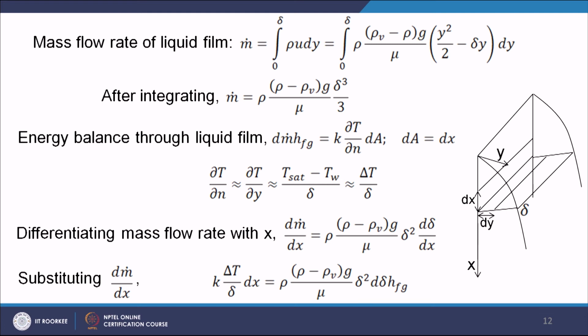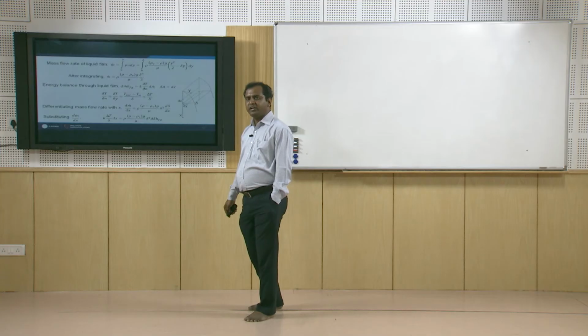So, what we can do once again, m we have got over here. So, if I make the derivative of m and put it over here in this equation, then I will be getting this equation. You see in this equation, in the left hand side we are having derivative of x, and in the right hand side we are having derivative of delta. So, we can easily integrate this one. Okay.